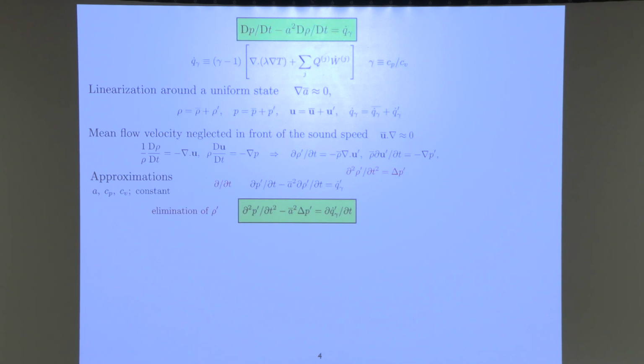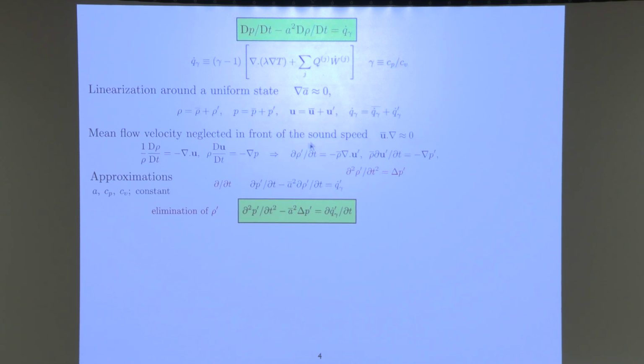Now you assume that the unperturbed sound speed and specific heats are constant, to simplify. This is not very important. And you take this equation that I have just derived for you, and you now eliminate the density.